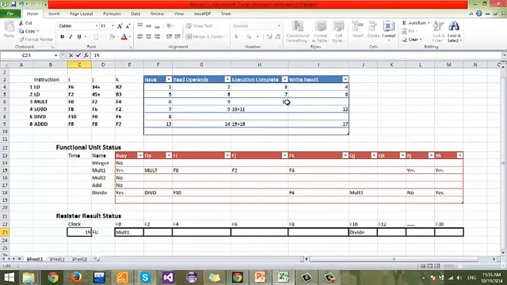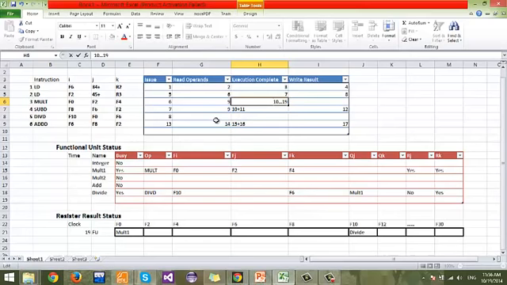Now there will be some change. As we told earlier, mult completes its execution. Mult will complete its execution. It will take clock cycle 10 to 19. Can div D read operands?